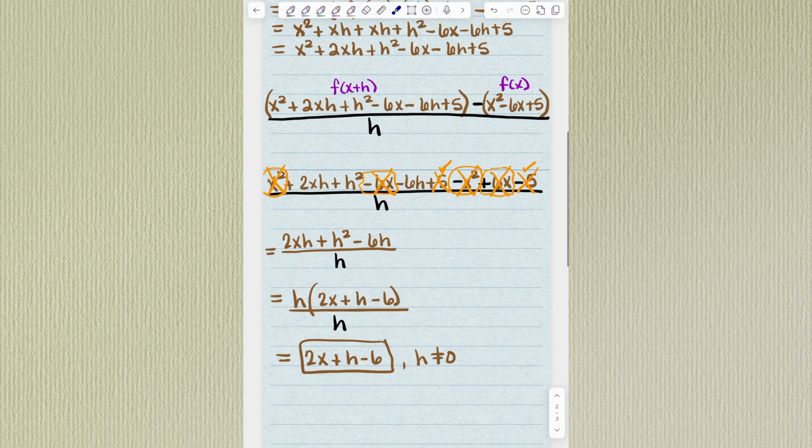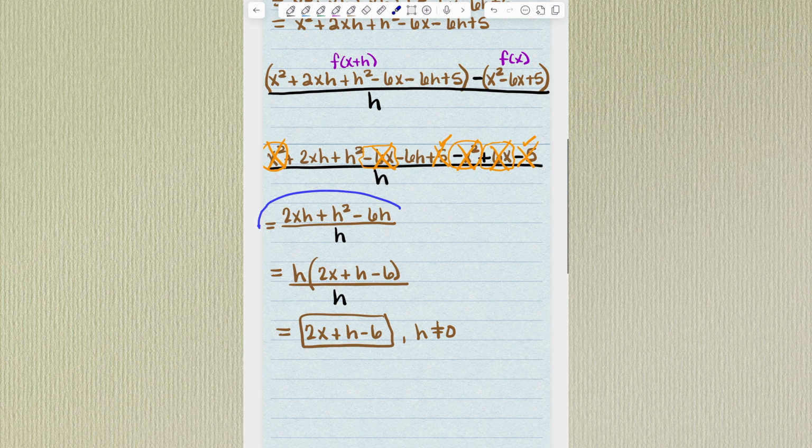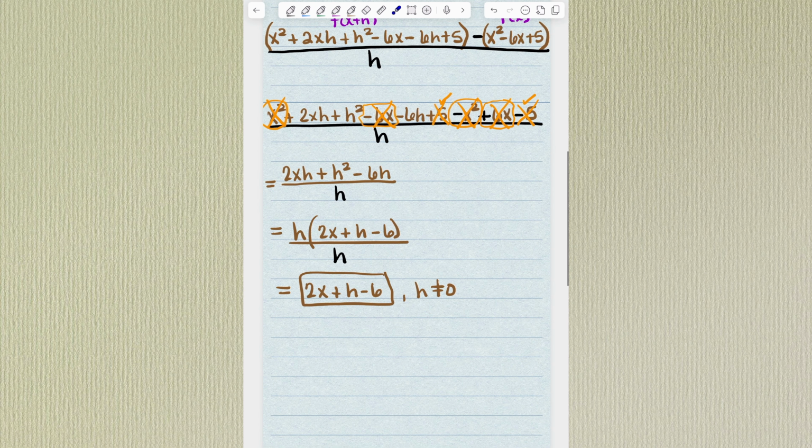And when we did that, we had some terms that we could eliminate, which was good. After we eliminated those terms, we came up with this. We noticed that each term up here had an h in common. So we pulled the h out to the front. And when we did that, we were left with 2x plus h minus 6. Now this allowed us to divide these h's here. h divided by h is just 1. And then this was our final answer.